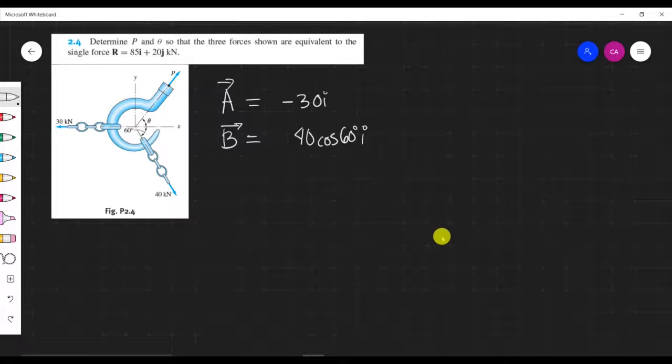So cosine 60, because there is a triangle like this. This is A, this is B, and this is 40. Okay?